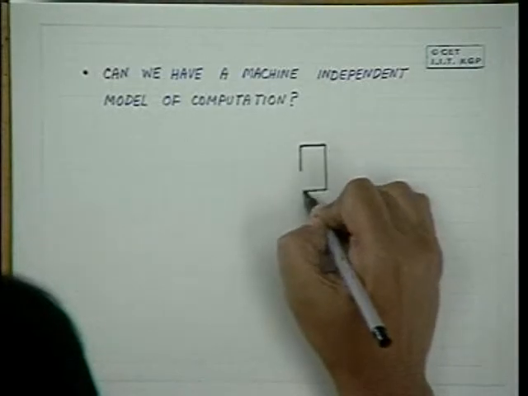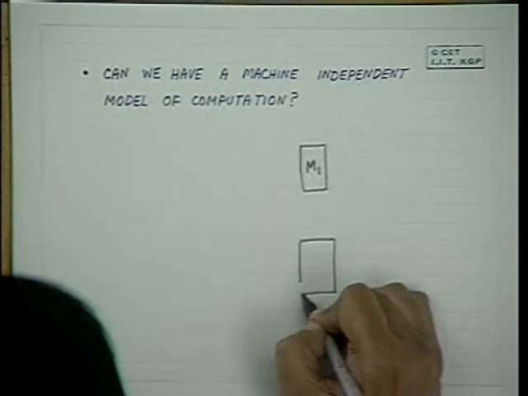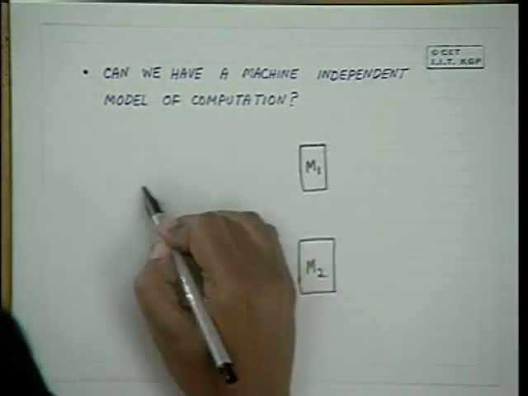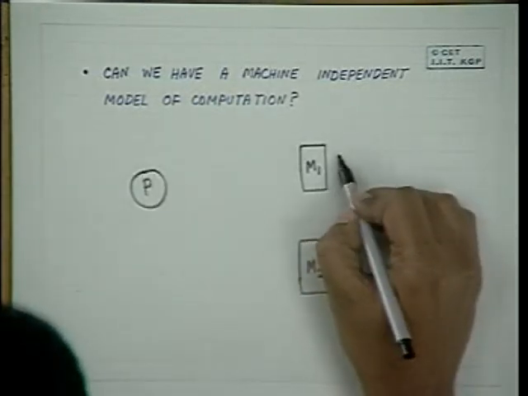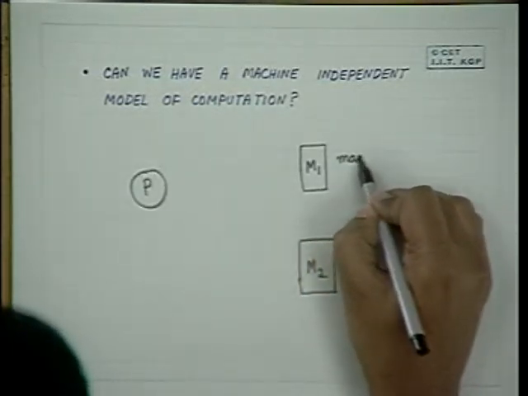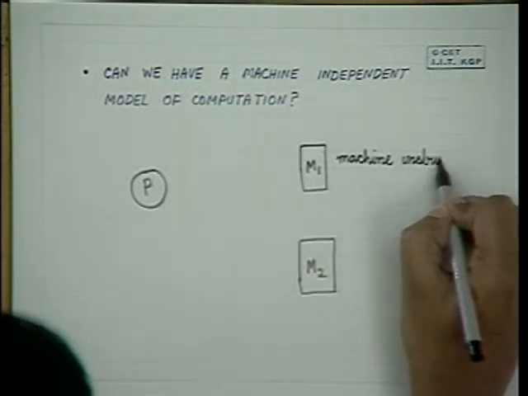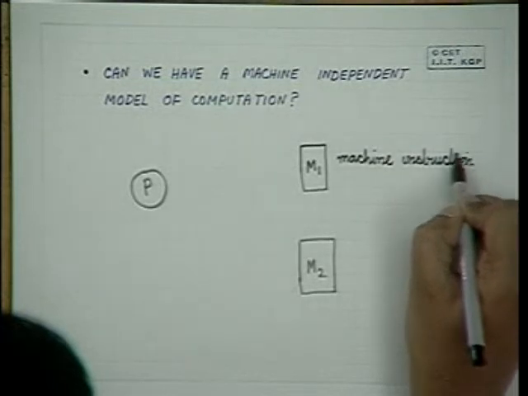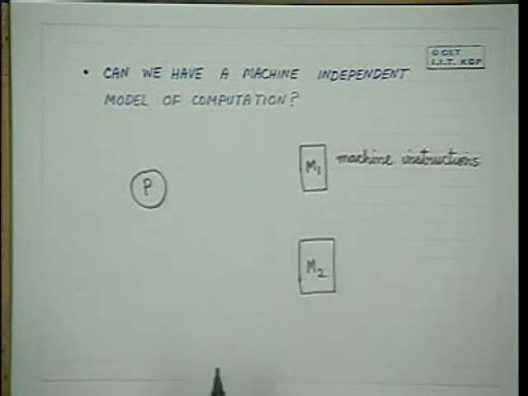So the first thing we do is, suppose we are given a machine M1 and another machine M2. The same program P: this machine M1 has its own machine instructions, and this machine M2 has its own machine instructions.